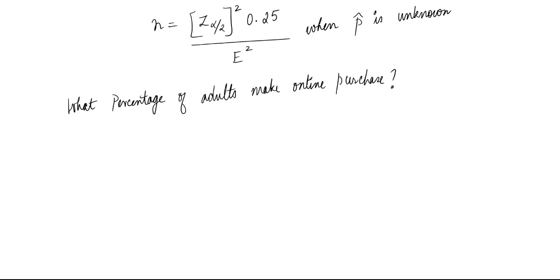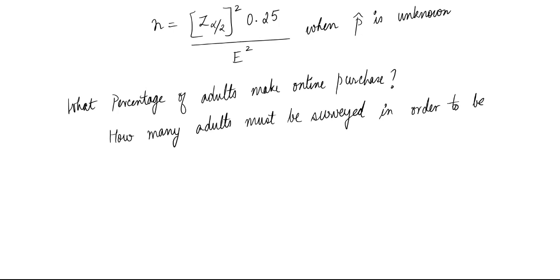Before that, the question is, how many adults must be surveyed in order to be 95% confident that the sample percentage, remember, sample percentage actually refers to the sample proportion, is in error by no more than 3 percentage points.